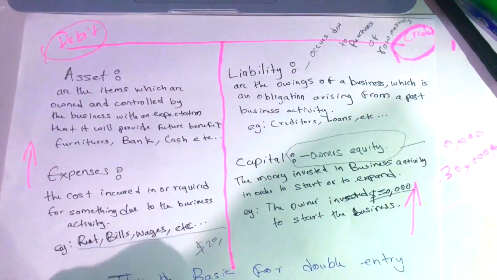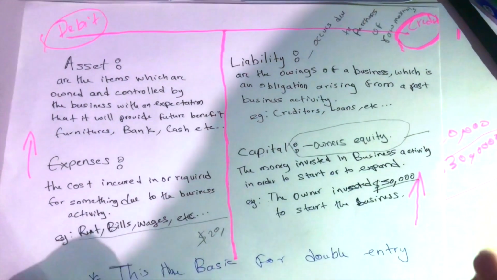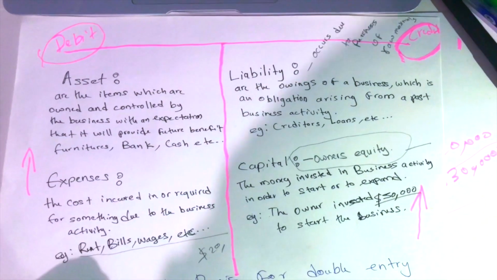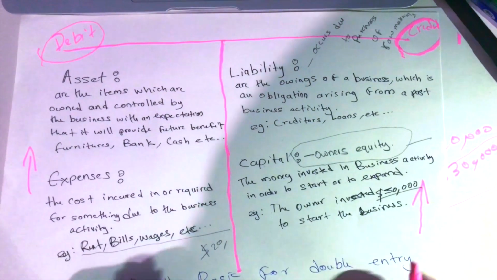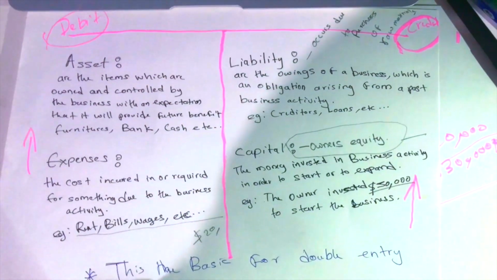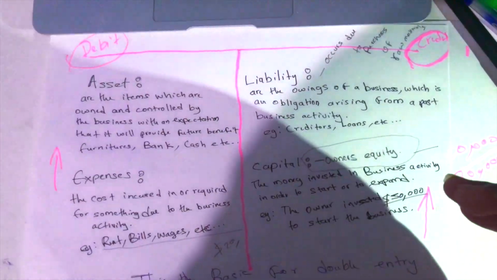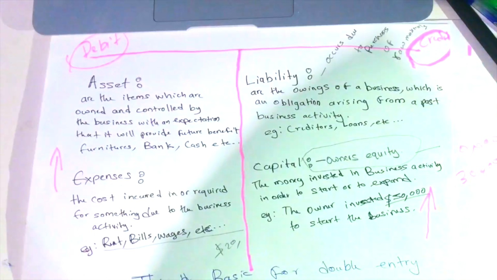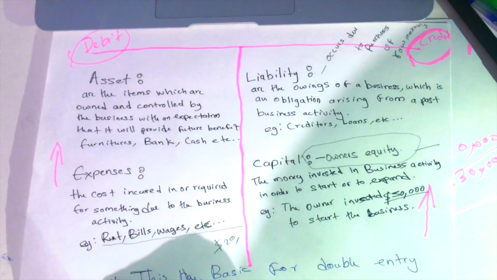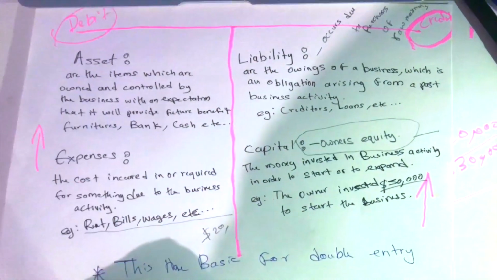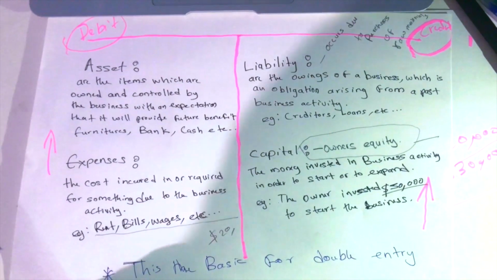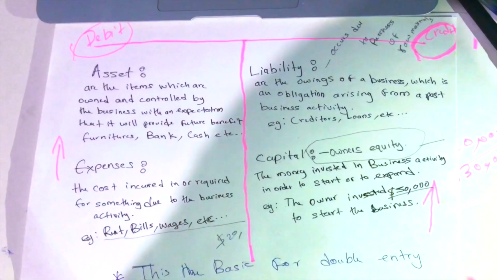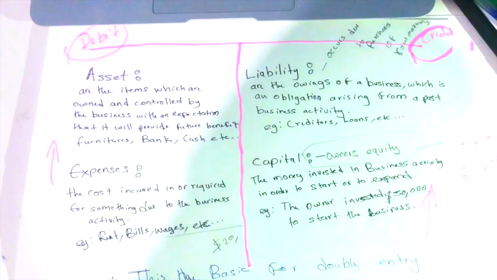The liability increases when your creditors increase. Now you are purchasing more raw materials, you create more creditors, and your liability will increase. When your liability increases, you have to record it on the credit side, because you have to pay them. So it is going out. Therefore, it has to be on the credit side.